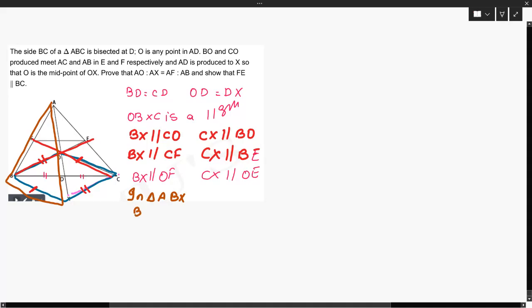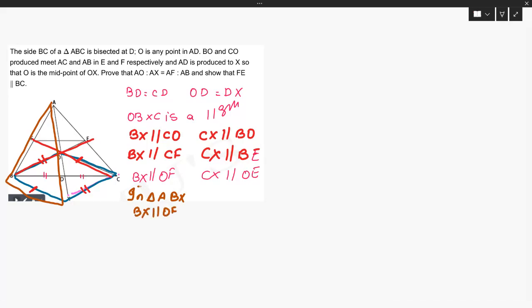If we look at this triangle, BX is parallel to OF. See, it is given here. Just now I proved it. Then we can use one theorem.